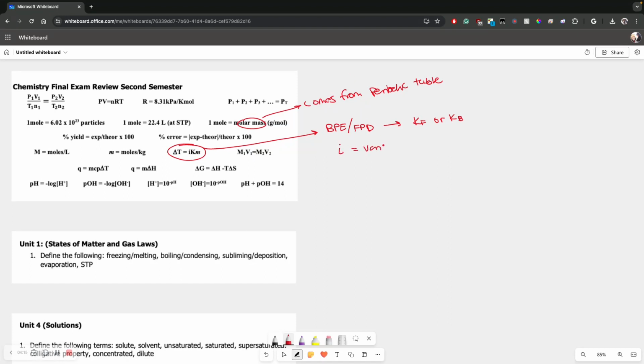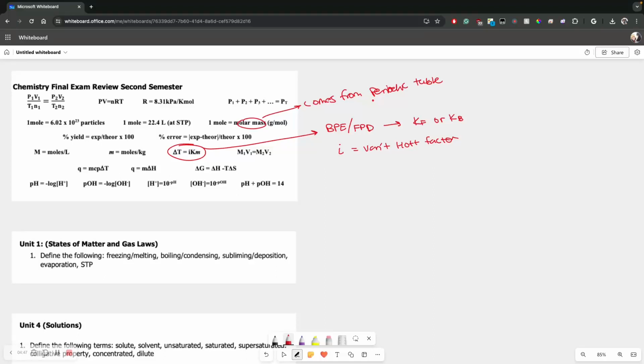I always misspell this guy's name. Remember, covalent compounds have 1 for that. For ionic compounds, it's the degree of dissociation of its ions. You'll probably see that more often in my previous videos in that respective unit, but just a quick review. And then lowercase m, of course, is molality, so keep that in mind.